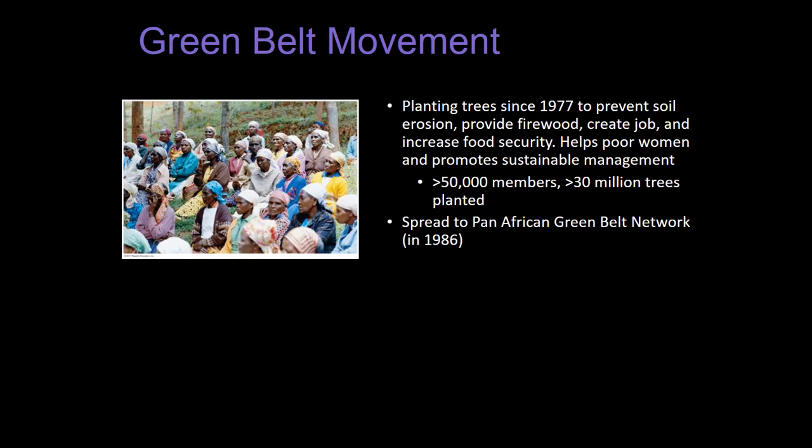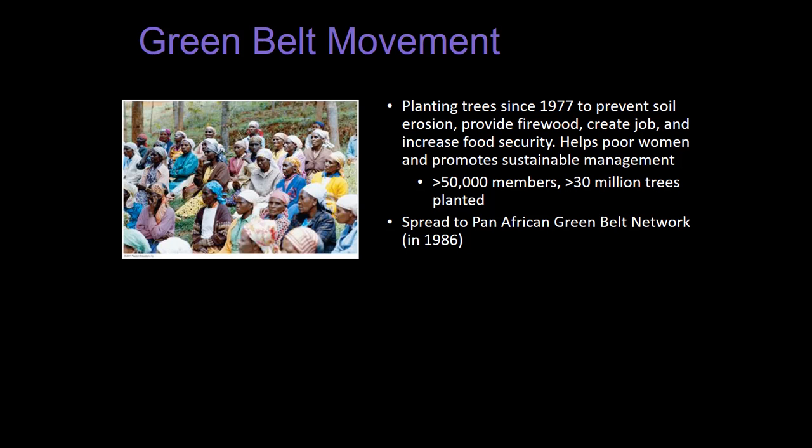It creates jobs. It helps increase food security, and this is partially due to economic reasons, partially due to wildlife coming in, and soil fertility being improved to help agricultural activities. It largely helps poor women, and it promotes sustainable management of these areas.